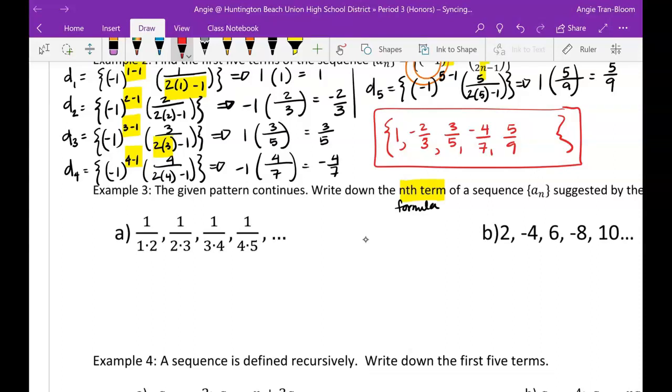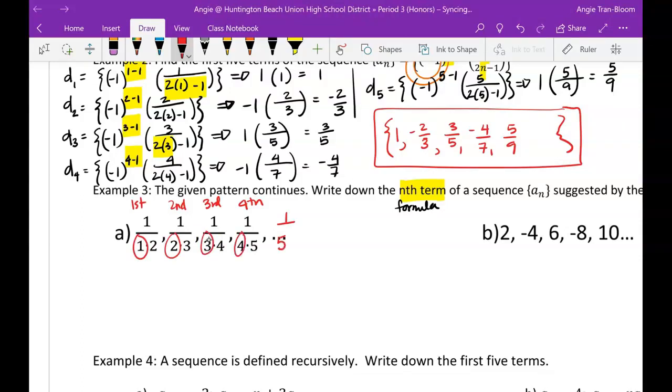So first, when I see these, I'm gonna say, first term, second term, third term, fourth term. The reason is that I want to see if there is some sort of pattern, okay? If I keep on going, my 5th term would be 1 over, well, the first term has a 1 on it, the second term has a 2 on it, the third term has a 3, and the fourth term has a 4.